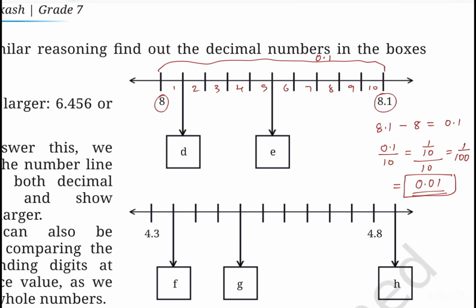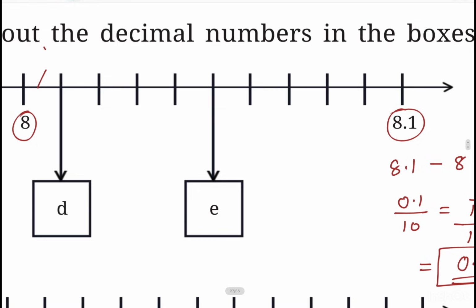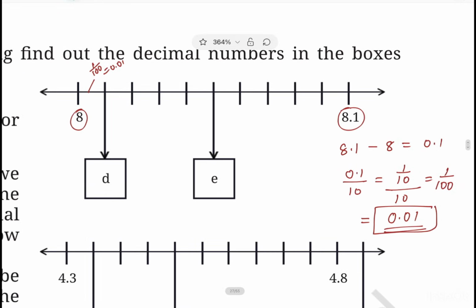So each length is 0.01, that is 1 by 100. When we add 0.01 to each number, we get the next number. So 8 plus 0.01 means 8.01.